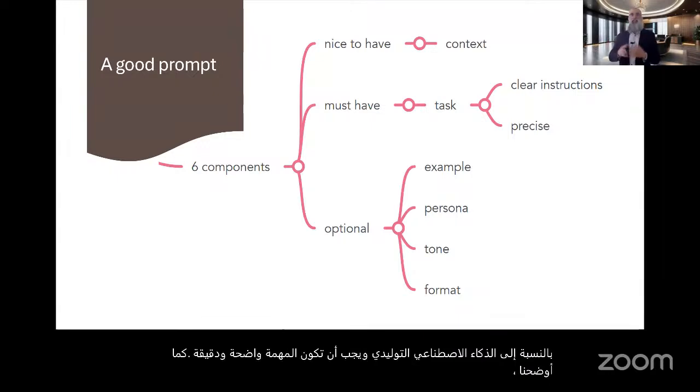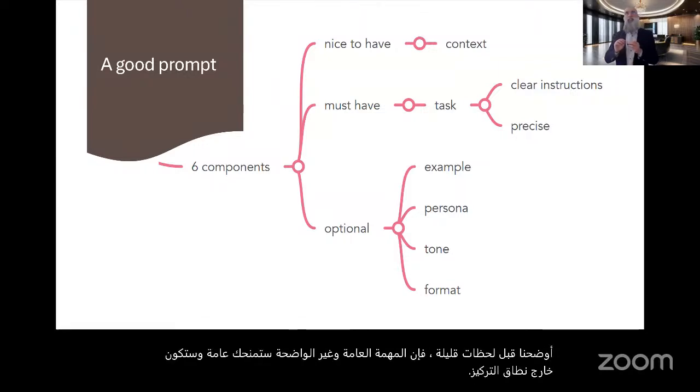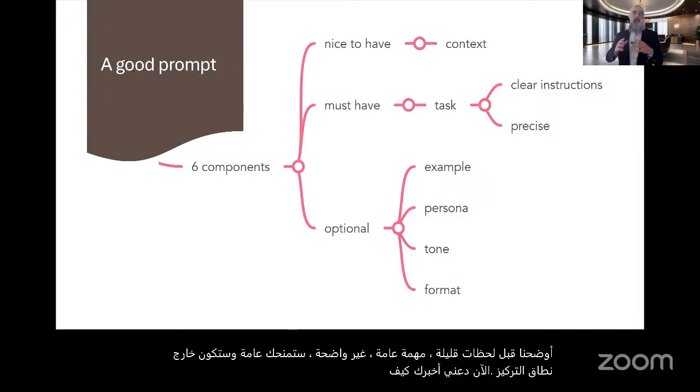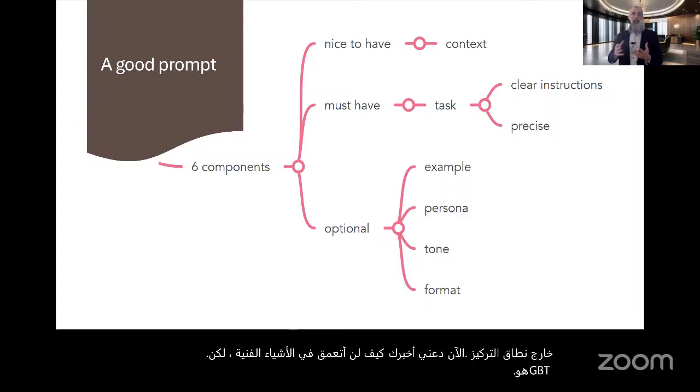A task that is generic, not clear, will give you a generic answer, and it will be out of focus. Now let me tell you how. I'm not going to go deep into technical stuff, but GPT, like all the other applications, comes from the root of a large language model.